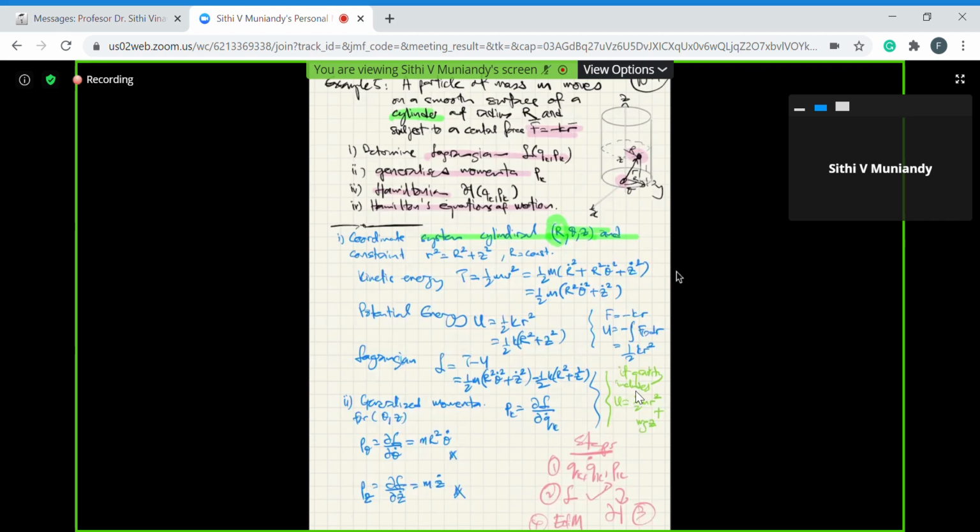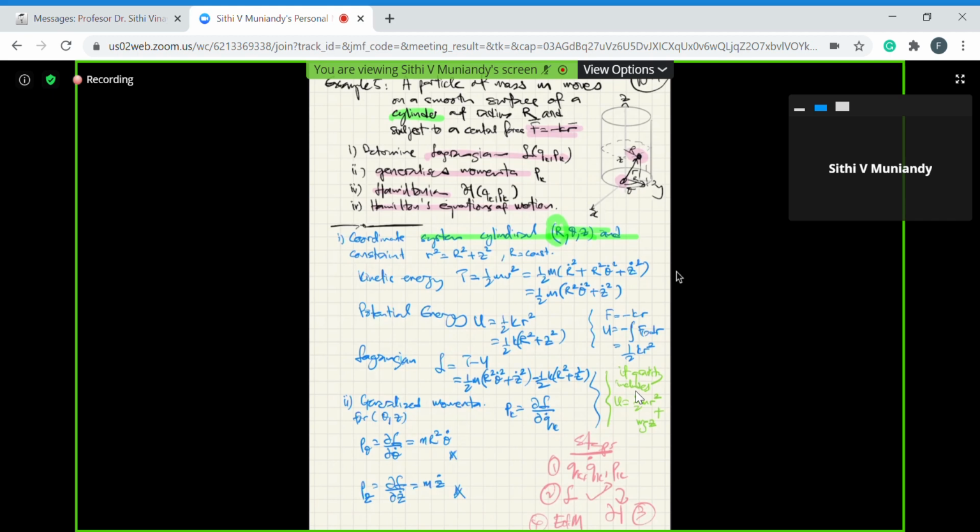All right. So you have theta and z that will be acting as the free variables. So you anticipate that there will be two equations of motion that we will have to determine, for theta and z.